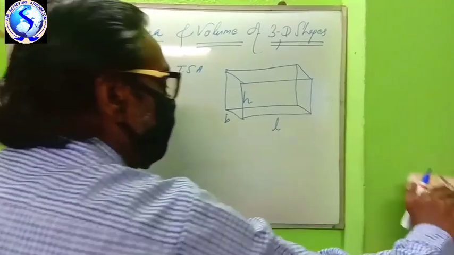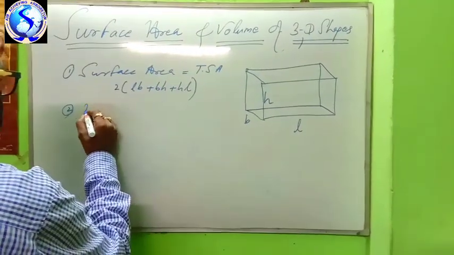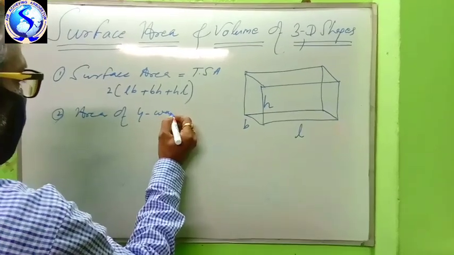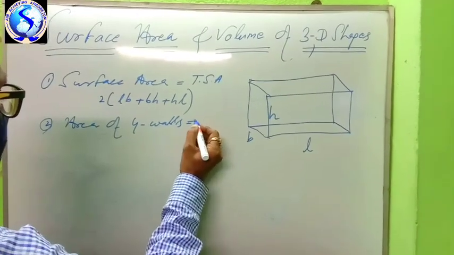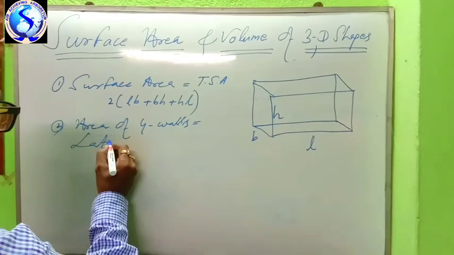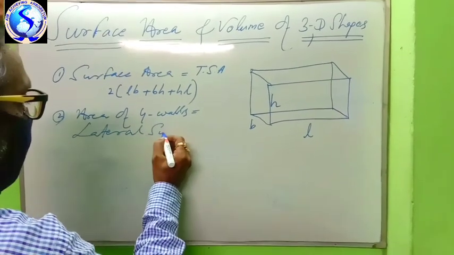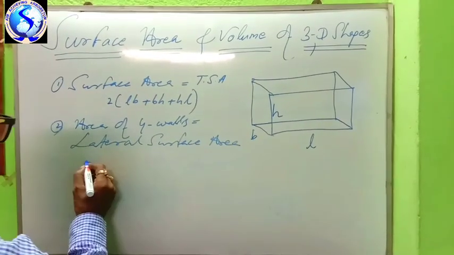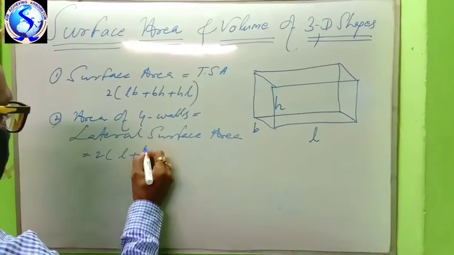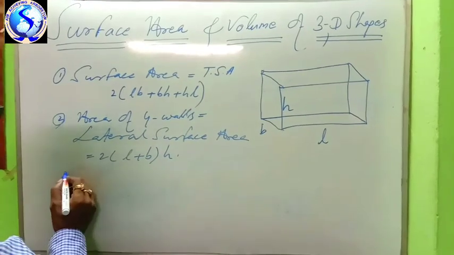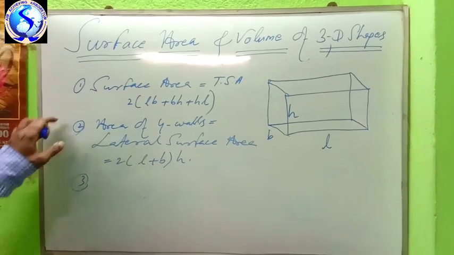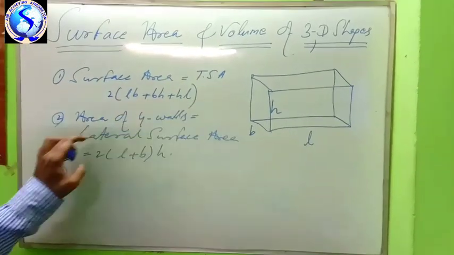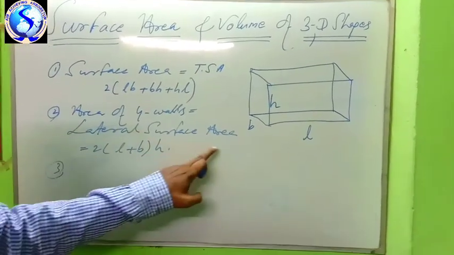Area of 4 walls is equal to lateral surface area. The formula will be 2 whole into L plus B into H. Number 3, there is a formula required for the calculation. Surface area means total surface area. Area of 4 walls, other name is lateral surface area.